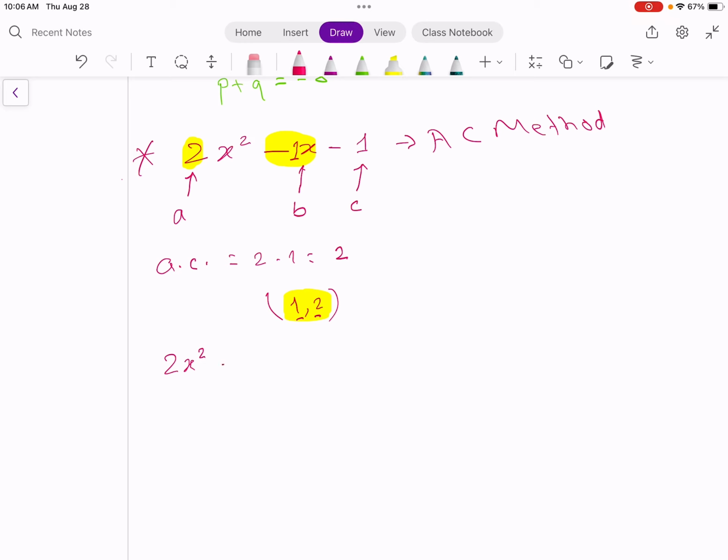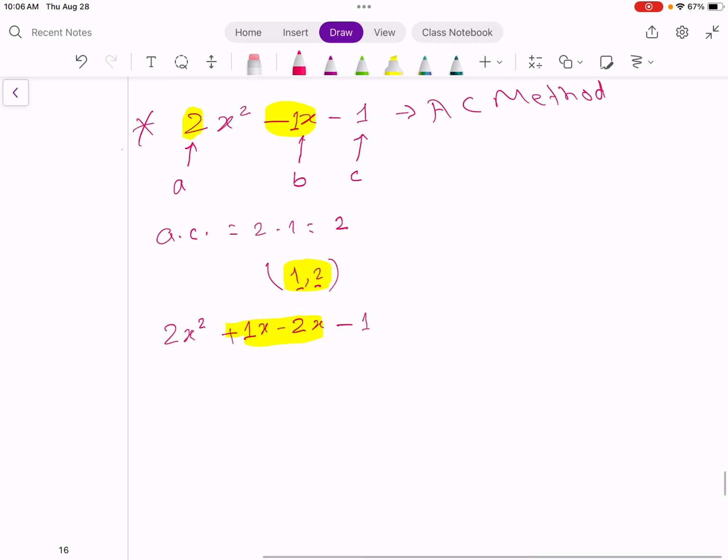So this is positive 1x minus 2x. Or you can write minus 2x plus 1x, it's still the same. Any question on this step? You are using those numbers 1 and 2 to rewrite your middle term negative x. Okay, so here negative x is the same as positive 1x minus 2x. These two are the same thing, so we are rewriting.